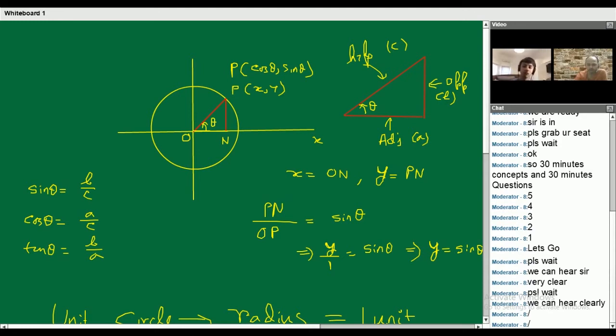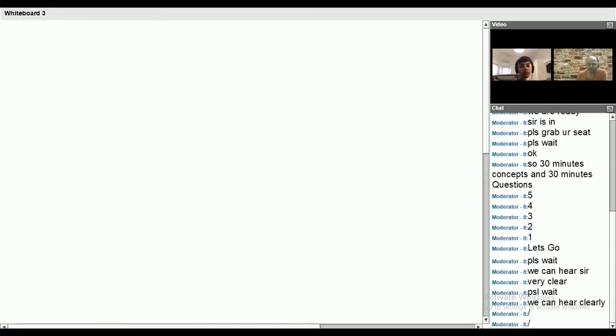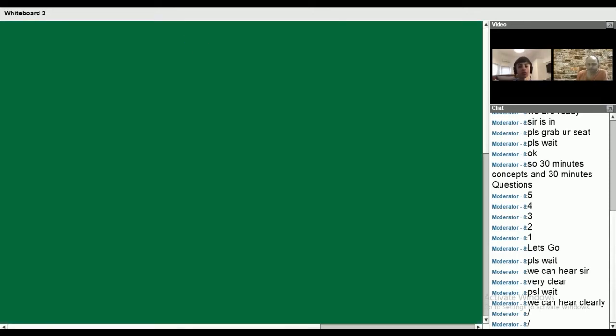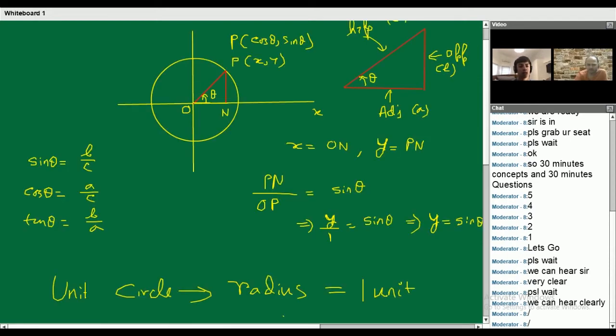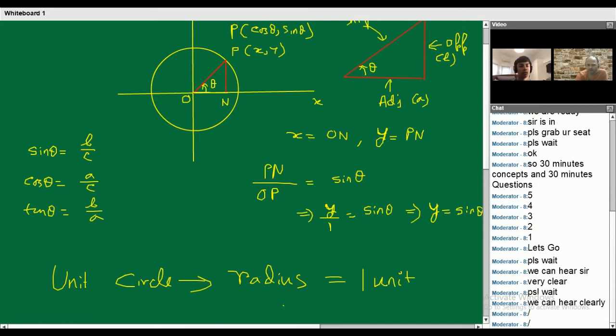Now let's move to the next whiteboard. The question is, how should we remember this? I observed that sometimes we tend to get confused about which one is sine theta, opposite over hypotenuse, or cos theta, adjacent over hypotenuse.